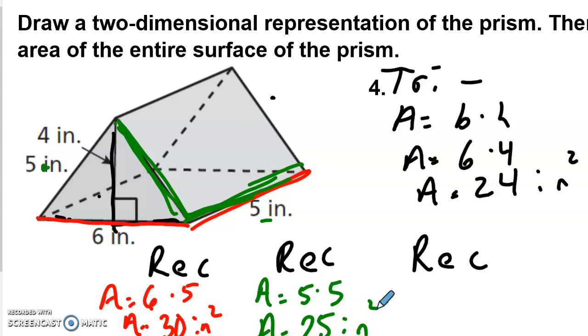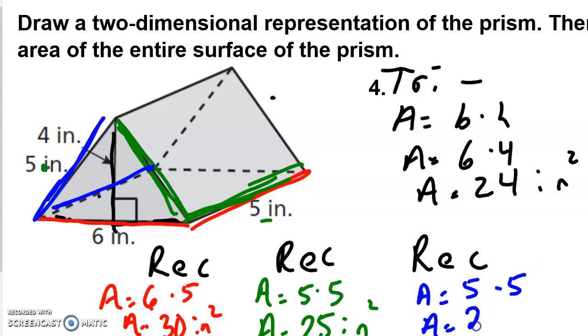Now, this is actually an easy one because this side over here matches with the green side. So that means that it's still going to be 5 by 5. And that means we're talking 25 inches squared.